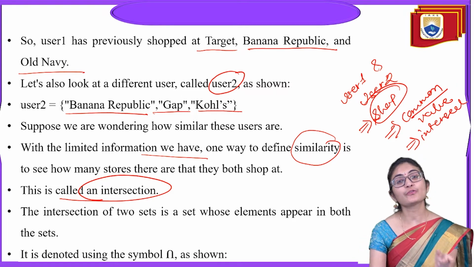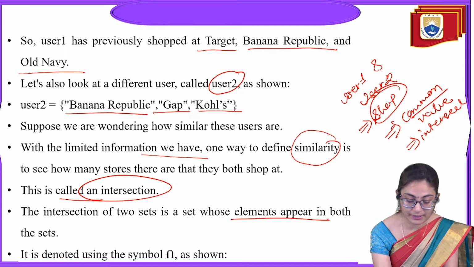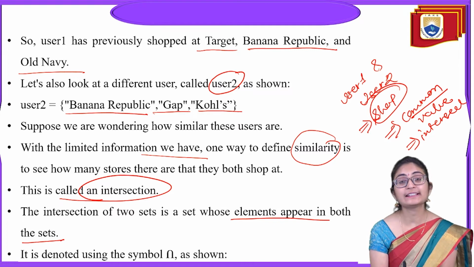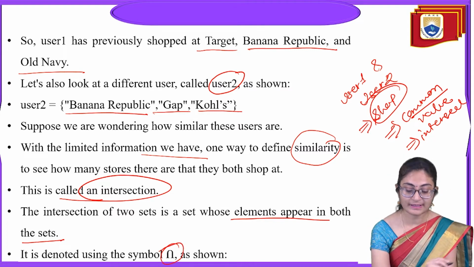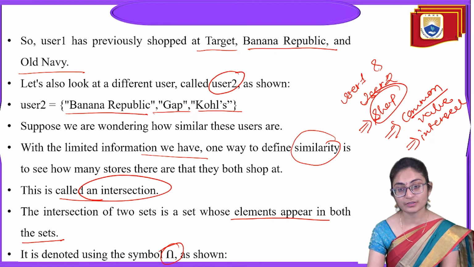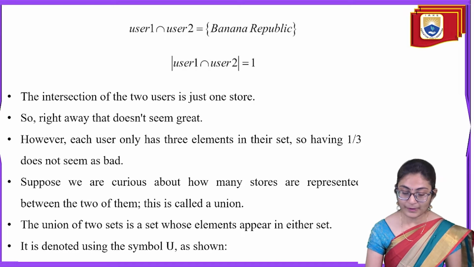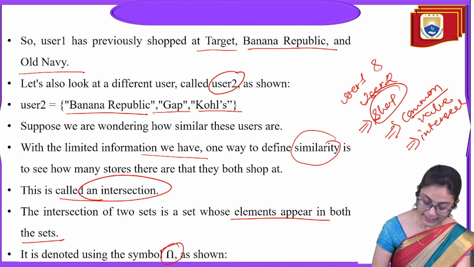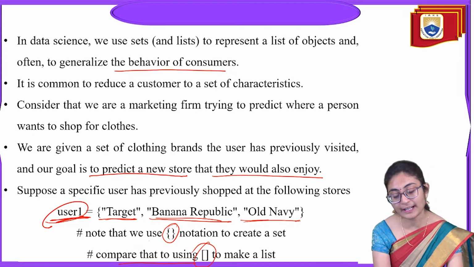An intersection of two sets is a set whose elements appear in both sets. It is denoted by the intersection symbol. Now we have the user 1 values: Target, Banana Republic and Old Navy.